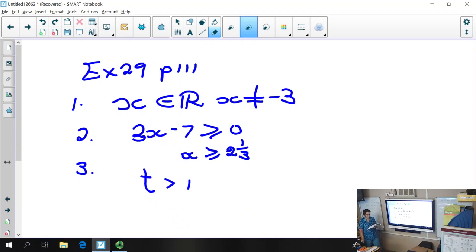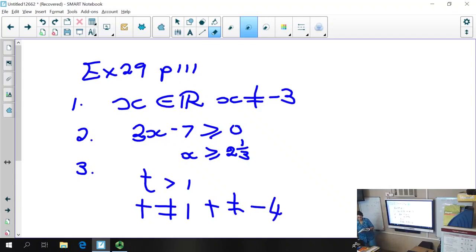Right? Now look at number 4. The top ones, the numerators, don't matter, but the denominators, that's what we're looking for. So what about the first one? And t is not equal to -4. So t is not equal to 1 and t is not equal to -4.